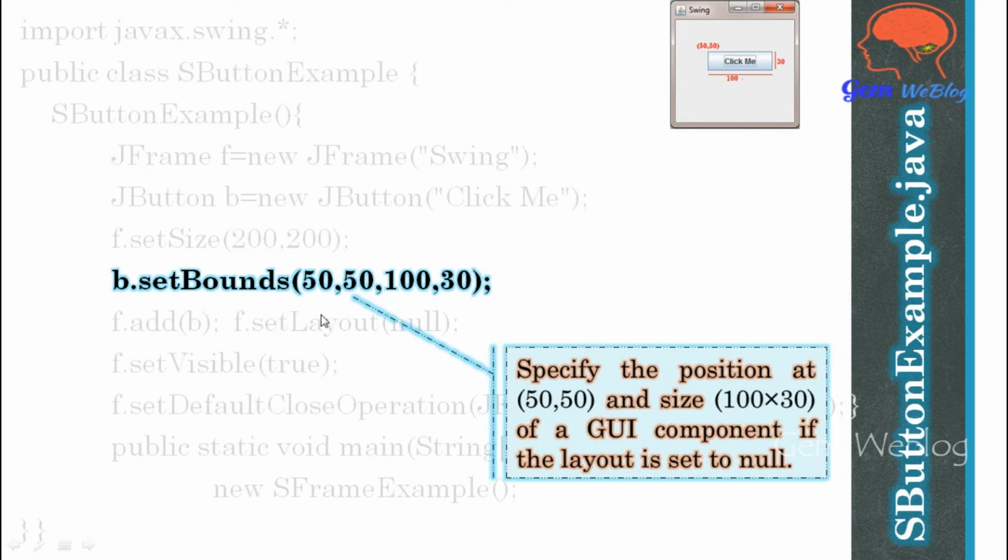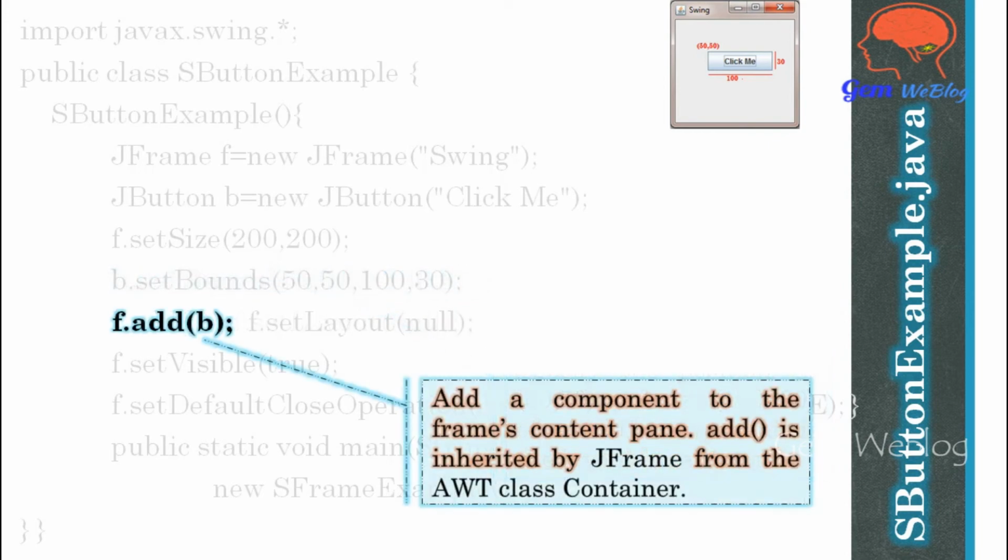So whenever the layout of the frame is not set, each and every component has to be located manually using the setBounds method. Once the component has been created, it should be added to the container using the add method.